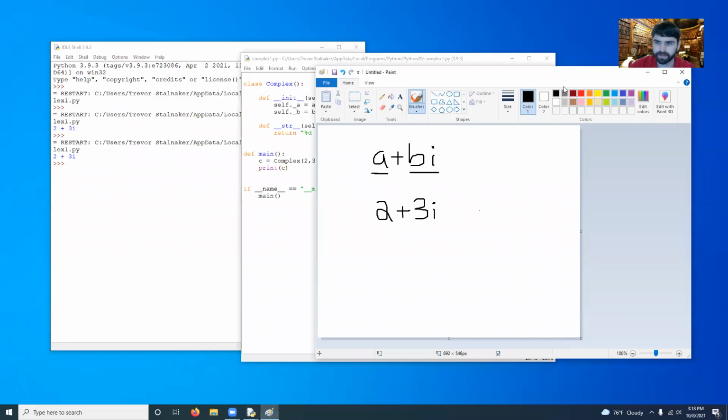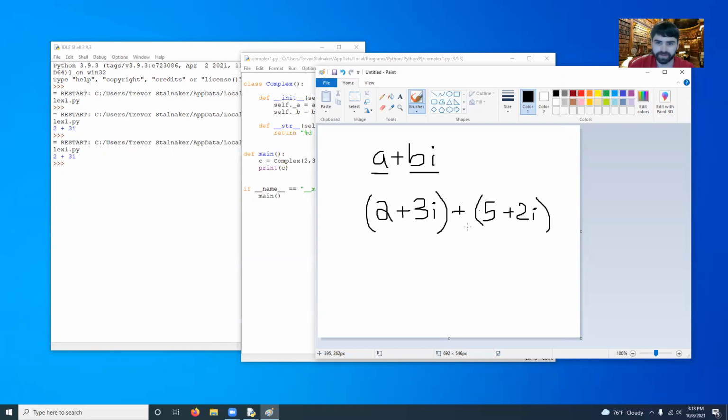So what might be a next logical step? Let's say you had 2 plus 3i, one complex number, and you wanted to add another complex number to it. That's something you think you might want to do in a program that uses complex numbers. Yeah, I would think so.